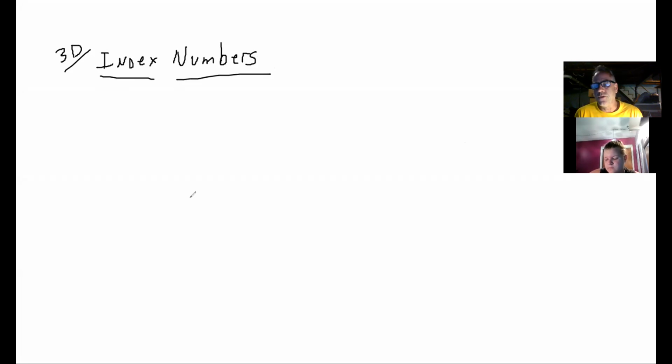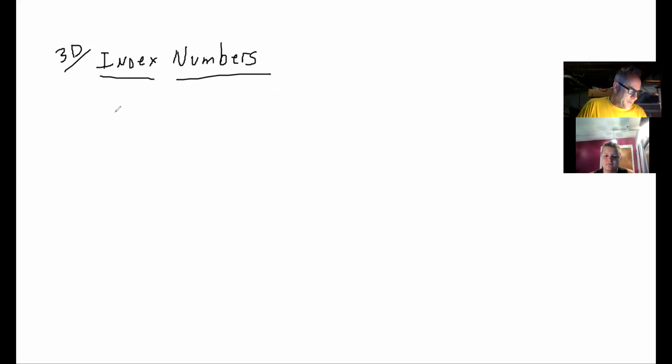Now, these are used really for comparison, comparing numbers at the end of the day. So we can compare different kinds of measurements from different times, different places. And we can pick any year, there's no one you have to use as your reference number. That's your choice. And then you're comparing it to another number.